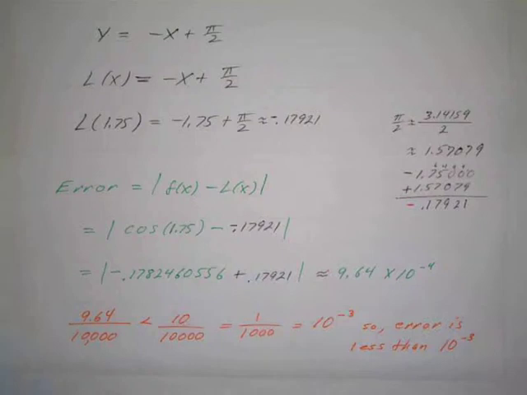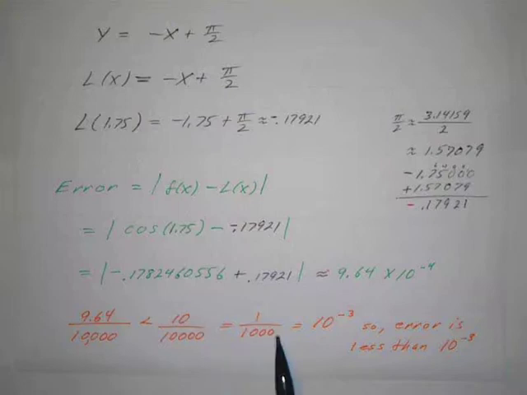So how close was I? Well, again, this is like a 1 over 1 with 4 zeros in the bottom. So I've got 1, 2, 3, 4 zeros. I think you can see that. 9.64. 9 is less than 10. So this fraction is less than this fraction. Now I can cancel one set of zeros, a 0 on the top, 0 on the bottom.